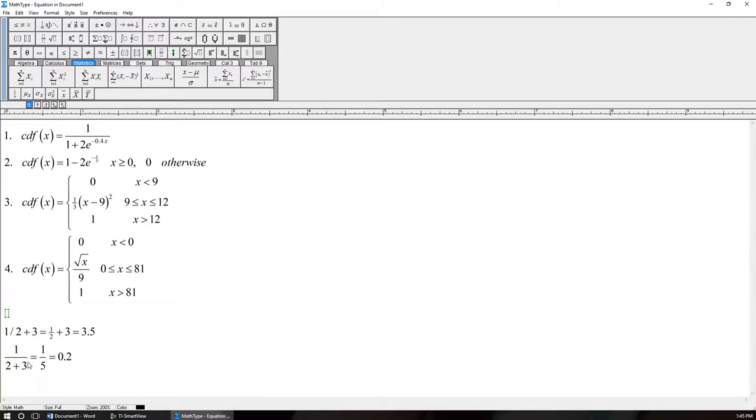So if you want to add the 2 and the 3 first, you can't write it like this. You can write it with a slanted fraction line, but then you also have to insert a set of parentheses like that. And that would be the same thing.